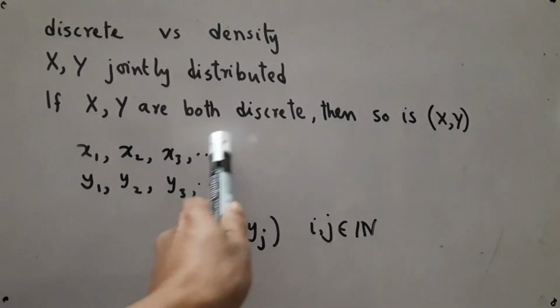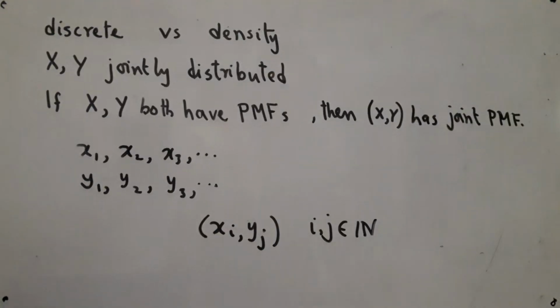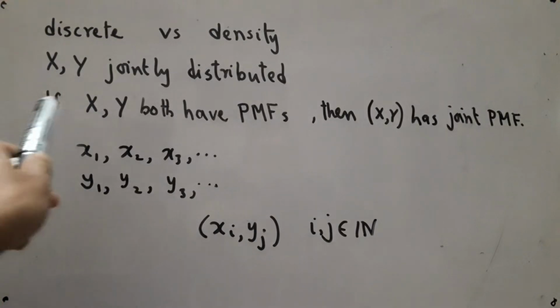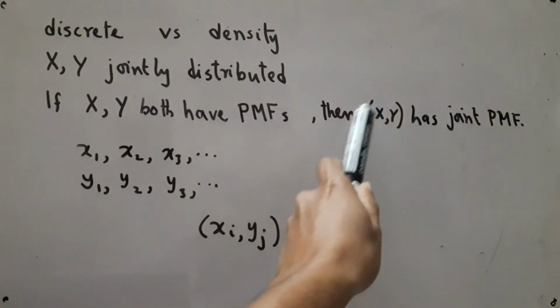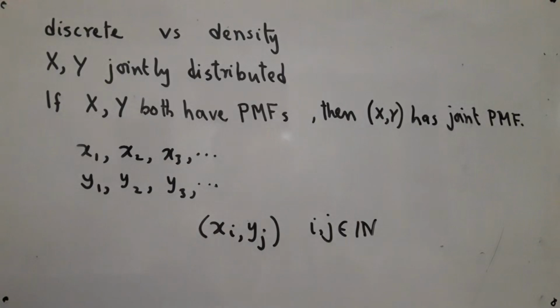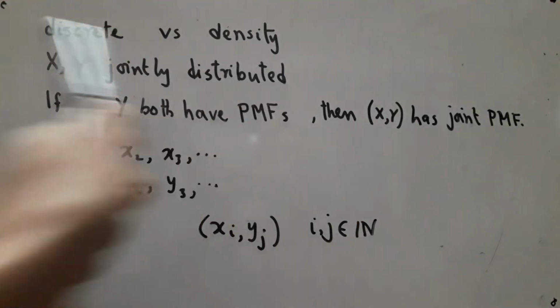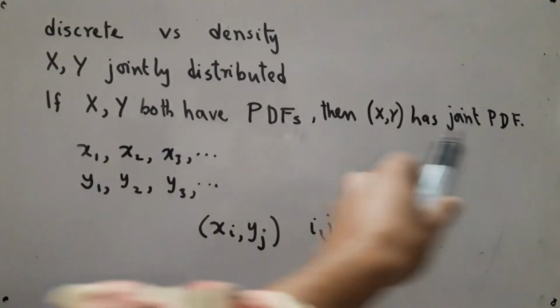Since being discrete is the same as having PMFs, I can say that if x and y both have their own PMFs, then the x, y pair has a joint PMF. However, if I replace the word PMF with PDF or density, then this statement is not true.